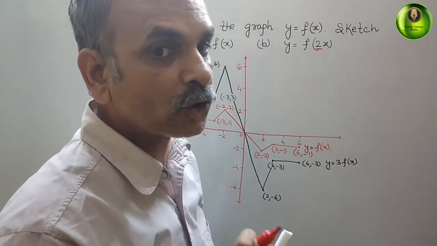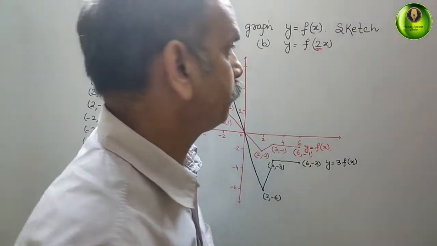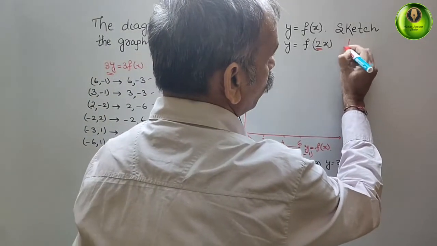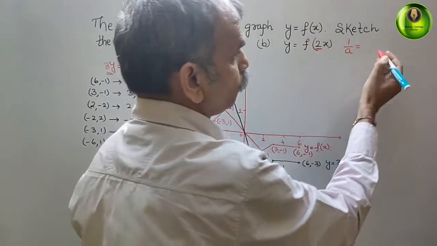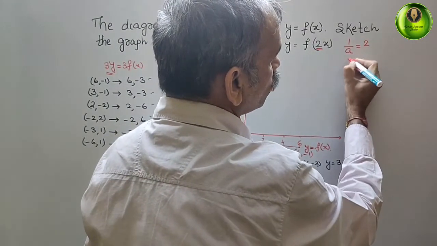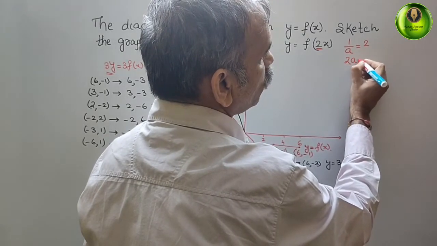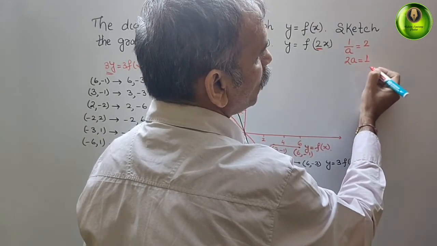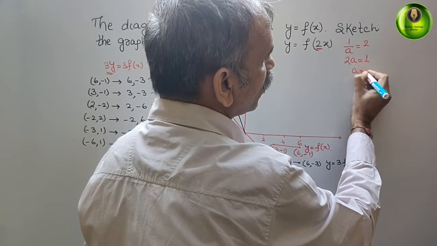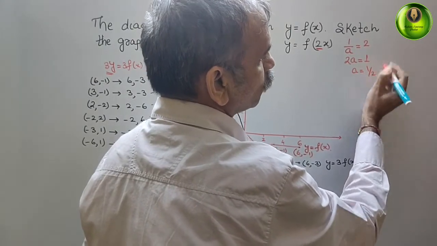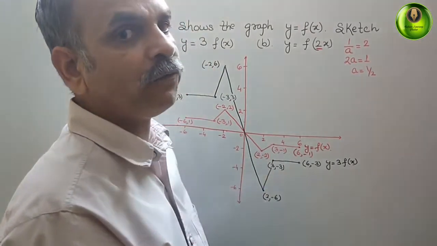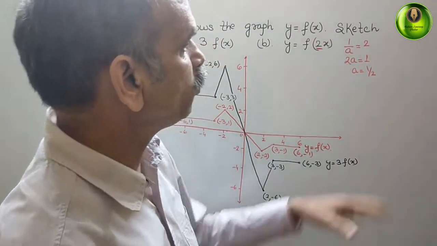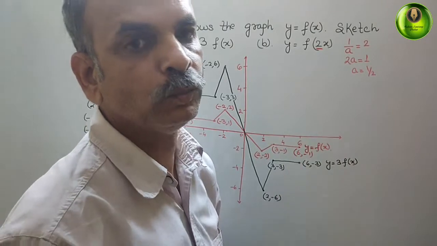That means your stretch factor is 1 by a, and 1 by a is equal to 2. If you cross multiply, you get 2a is equal to 1. Therefore, a is equal to 1 by 2. That means whatever value of x coordinate is there, you have to divide it by 2.